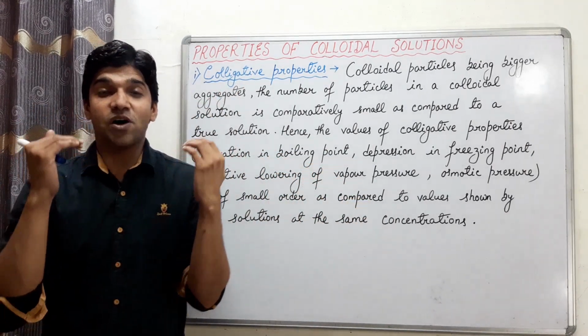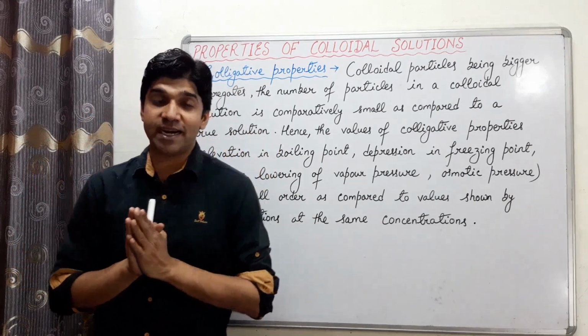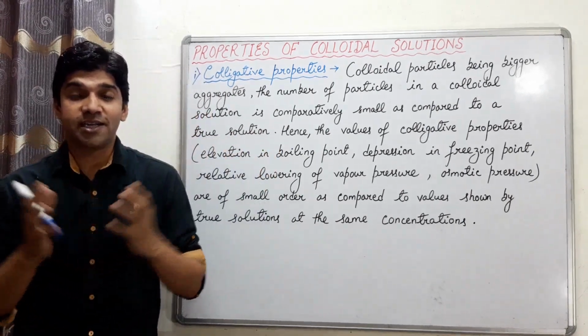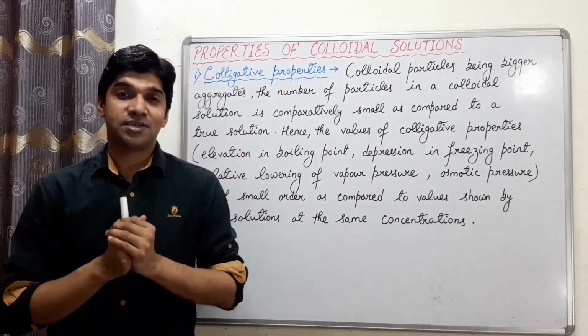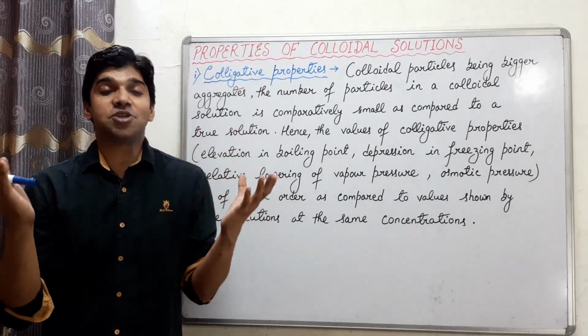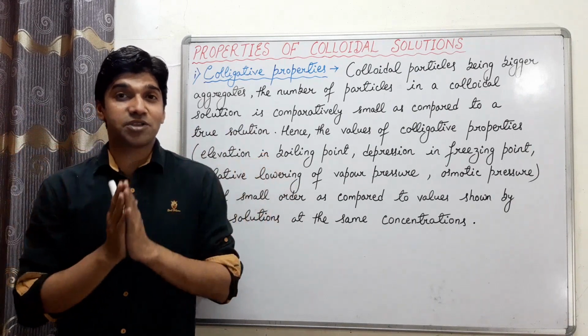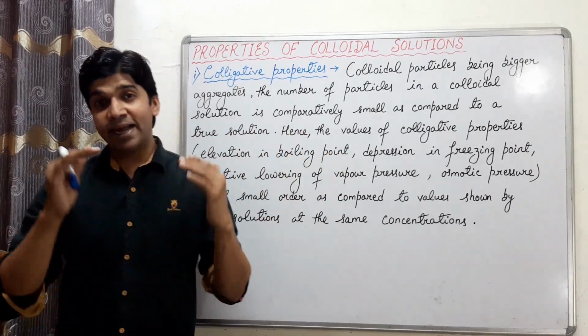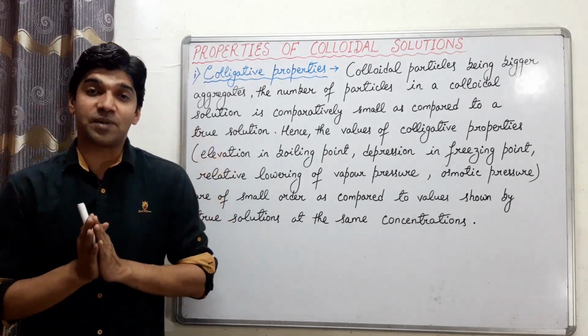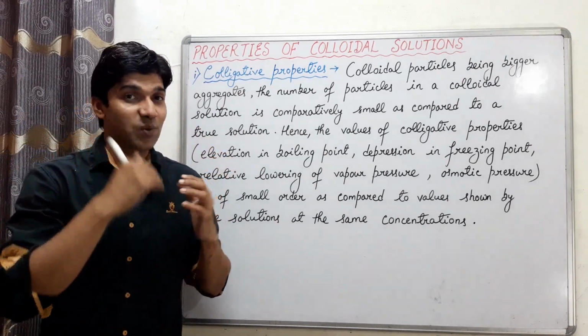Now in case of colloidal solution, we know that the particles of colloid aggregate together. They come close together to form the dimensions of colloidal range. वो कितना होता है? 1 to 1000 nanometer. And in case of true solution, the particle size is less than 1 nanometer.